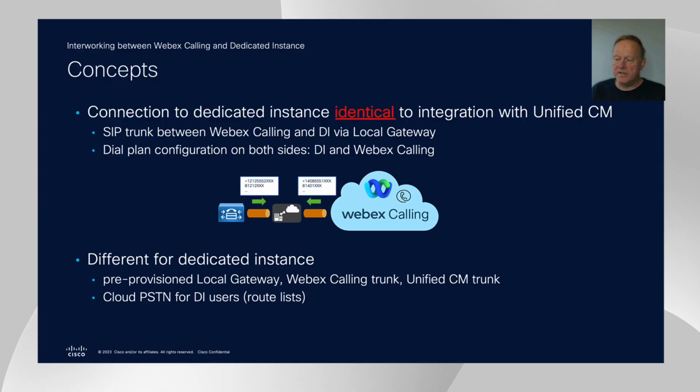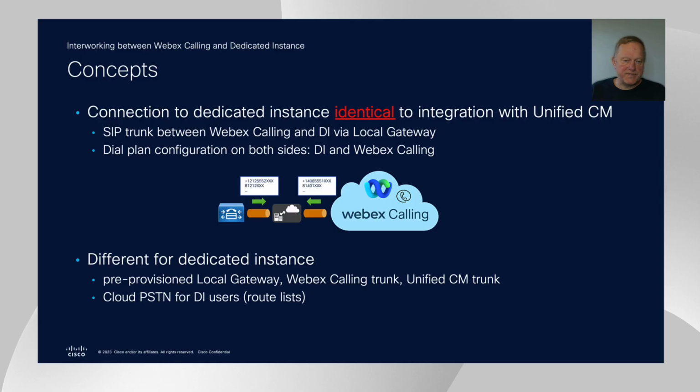And on Webex Calling, we can either set up dial plans to steer calls over, or we can make use of the concept of route lists, which I will specifically cover in this section about Cloud Connected PSTN for Webex Calling Dedicated Instance.